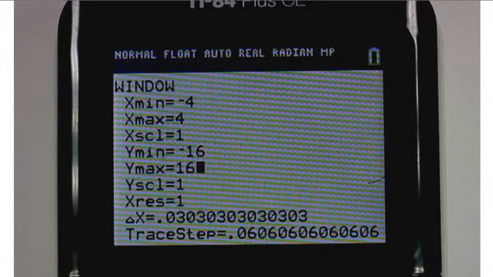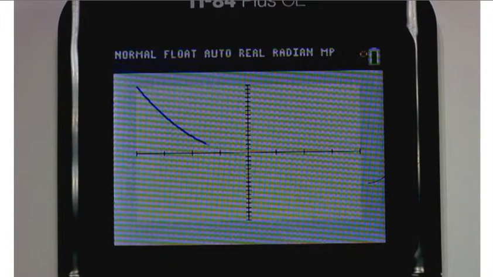That should be good enough. And let's graph it. So there's our first graph, y equals x squared. Here's y equals 2x squared, and then y equals 3x squared. What happens as I increase the value of that coefficient? Yeah, it's getting narrow. Essentially, it's getting stretched up. You're pulling it away from the x-axis when you do that.